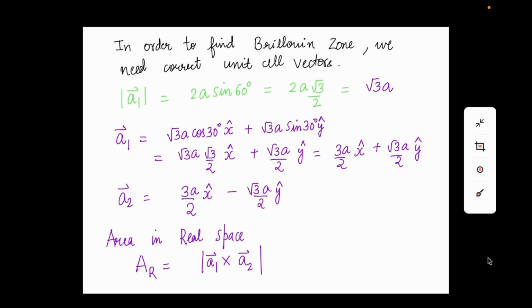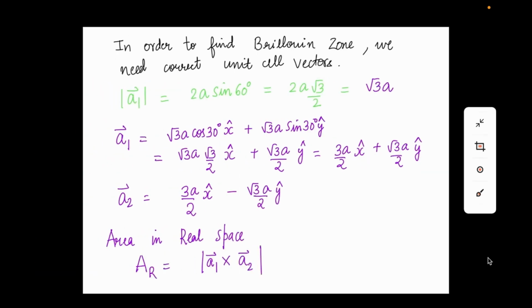So let's do the cross product, which, if you look at it carefully, would be 2 times 3 root 3 a square by 4, that is, 3 root 3 a square by 2. So this is the area in the real space for the unit cell.